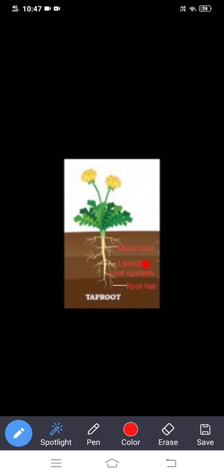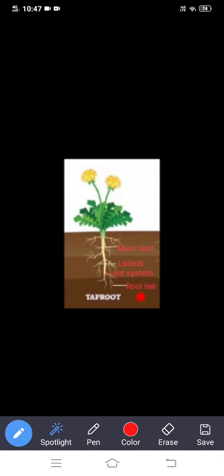When we compare lateral root with root hair, root hair is a very fine hair-like structure. It is still thinner than the lateral roots, and definitely thinner than the main root also. So thickest root here is main root. Little thin is lateral root.